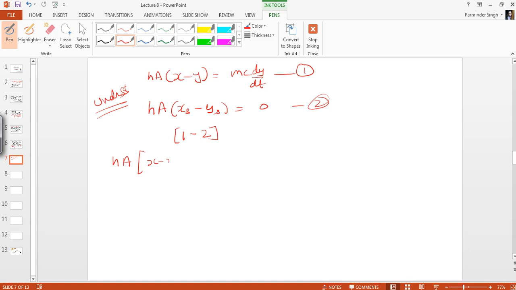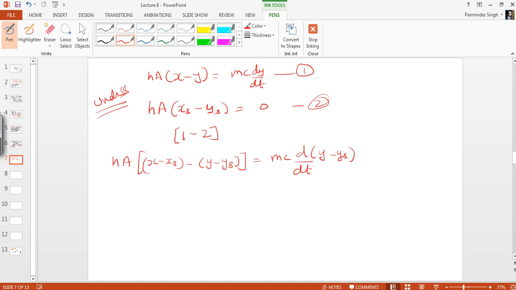We'll write (X minus Xs) minus (Y minus Ys) equal to mC d/dt of (Y minus Ys). Obviously if you open the brackets, it becomes mC dY/dt minus mC dYs/dt. Now dYs/dt is nothing but 0, so I've written it intentionally in this form to let you know what this is.